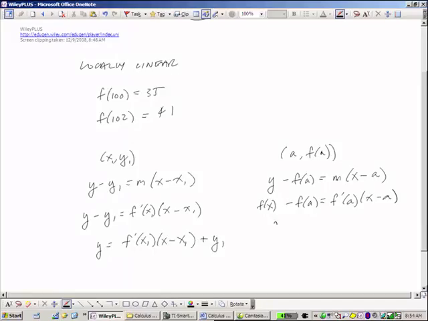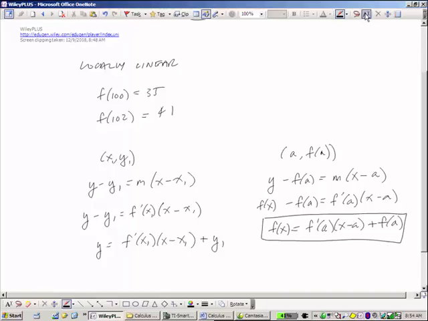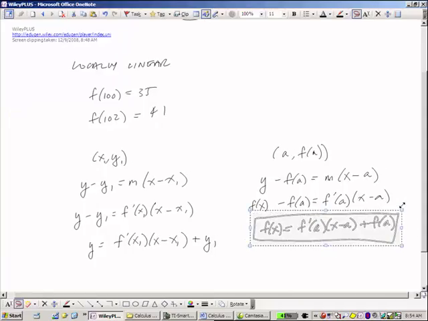Okay, so f of x equals the derivative at a times x minus a plus f of a. That's the equation of the tangent line. And all I really did was manipulate it, switch it around a little bit, and use function notation. So here it is. This is the equation of the tangent line. And if we go back to thinking about Sam's problem that he just did, let's see if I can do that. Let's grab this.